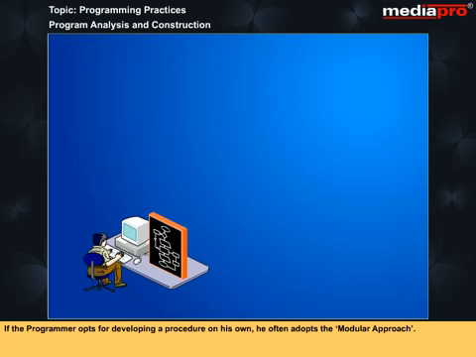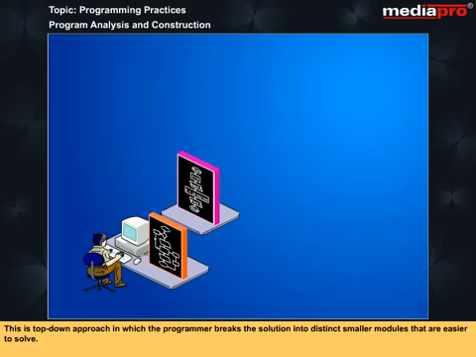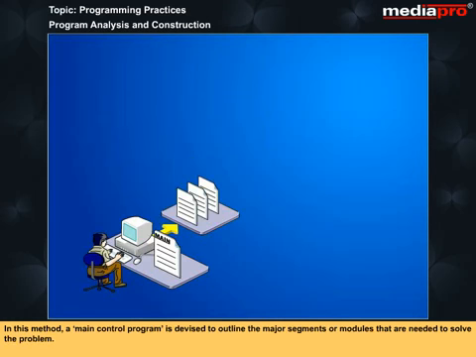If the programmer opts for developing a procedure on his own, he often adopts the modular approach. This is a top-down approach in which the programmer breaks the solution into distinct smaller modules that are easier to solve. In this method, a main control program is devised to outline the major segments or modules that are needed to solve the problem.